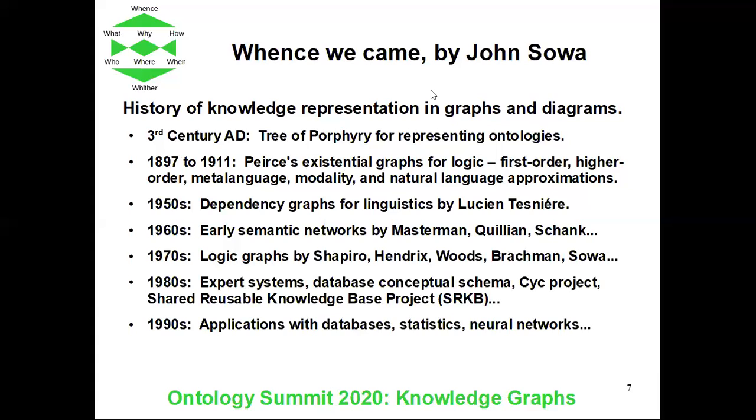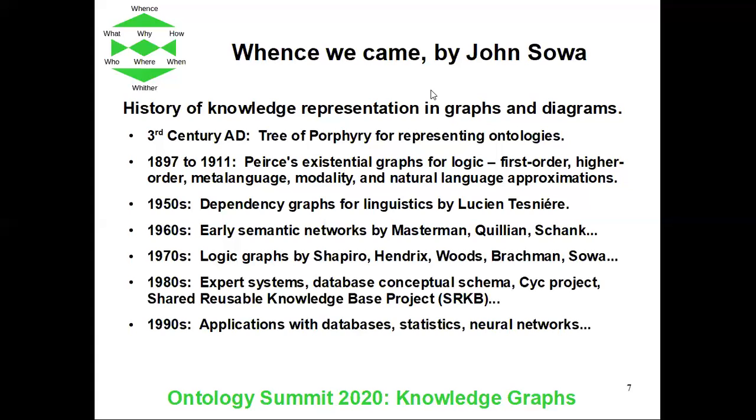In the 1960s, Margaret Masterman was the first person to introduce the word semantic network in her article, and she had a strong influence on Quillian and Schank and others in the 60s. In the 1970s, various people started bringing logic into the graphs to represent versions of logic, and I list various people.